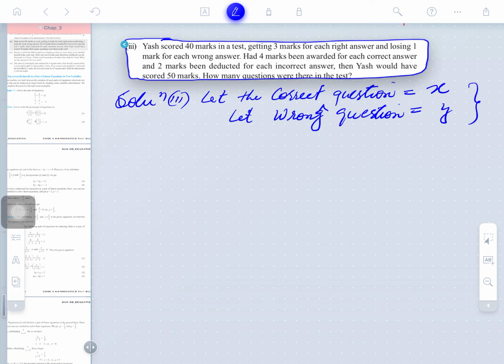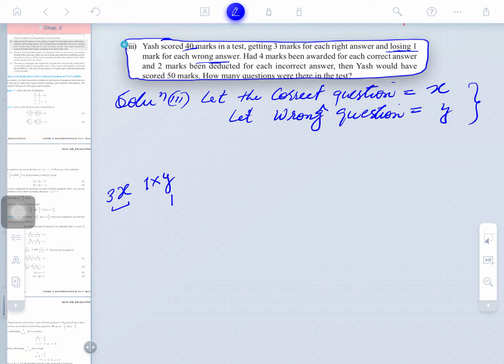And what is the question saying here? Yes scored 40 marks, and how the marks are given, I'm telling you. For each correct answer he gets 3 marks, so 3 into x. This is the total marks for the correct answers, and losing 1 mark for each wrong answer means obviously 1 into y.